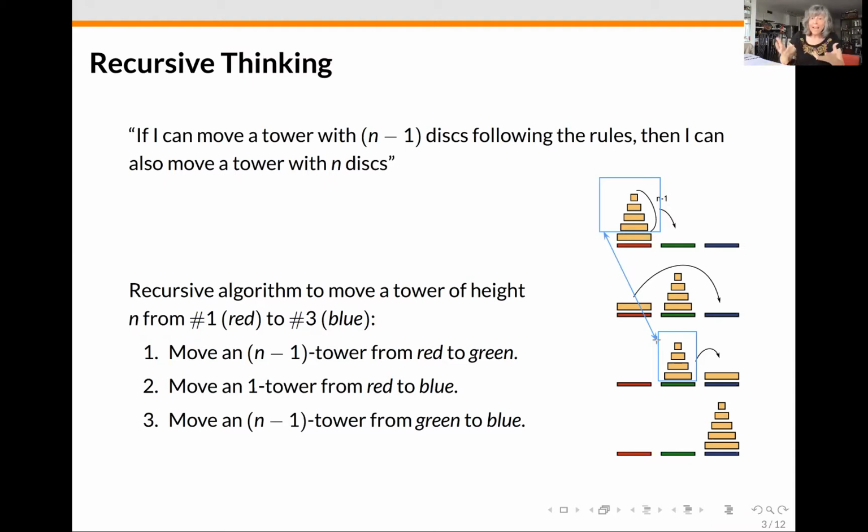So if someone can do it with n-1 disks, then I know what the solution is. And of course, the whole idea of recursive thinking is that we need to be repeating this until we get to what in mathematical induction we call the base case.